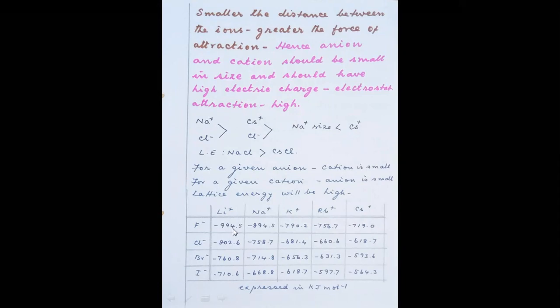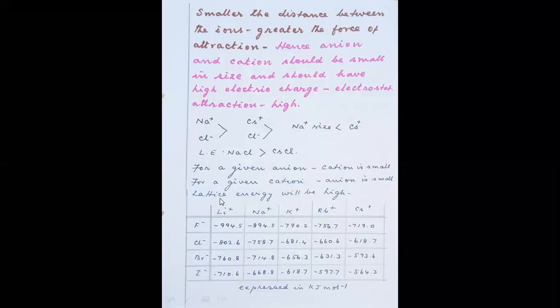So the lattice energy will be the highest for a small cation with a small anion, and the lattice energy will be the least for a big cation and a big anion. See, for lithium fluoride, it is minus 994.5 kilojoule per mole. For cesium iodide, it is just 564.3 kilojoule per mole.